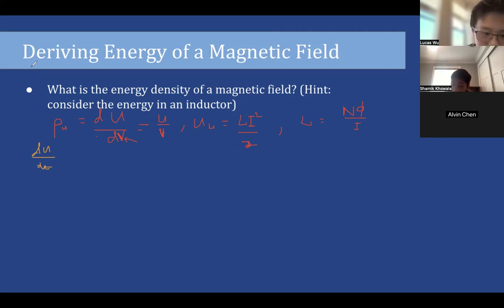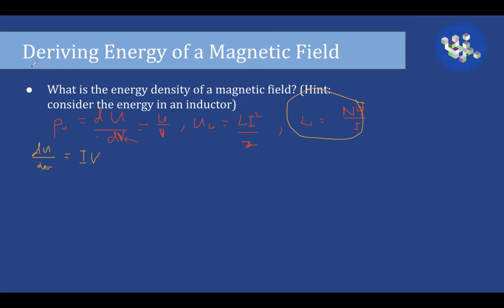We got that was equal to I times V, which is current times your voltage drop. You know what your I is, right? You can write I from this formula over here: I would equal N phi divided by L. So we can plug that in.